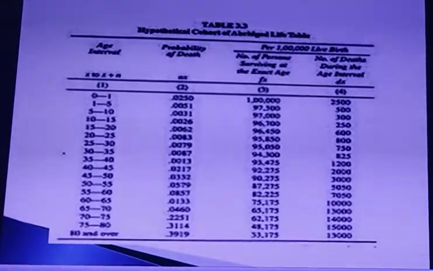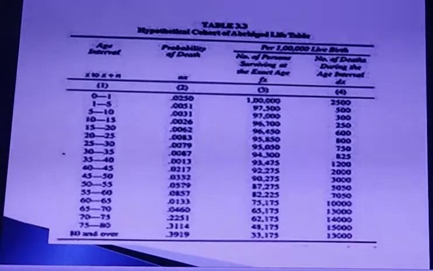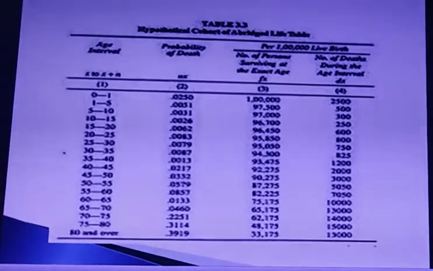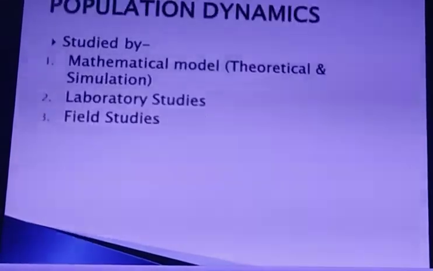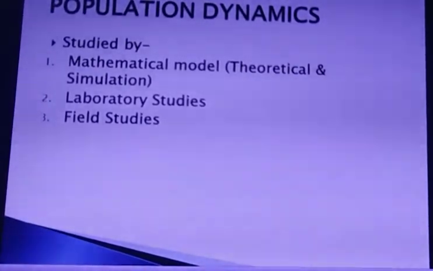Then the number of persons surviving at the exact age is calculated, and then the number of deaths that are occurring during the age interval. These constitute the life table of a population of a species.